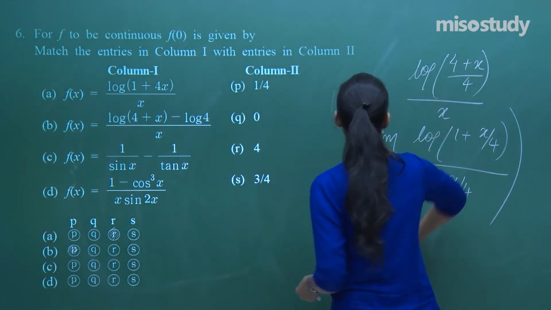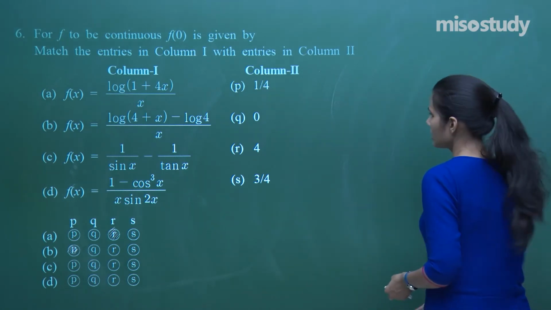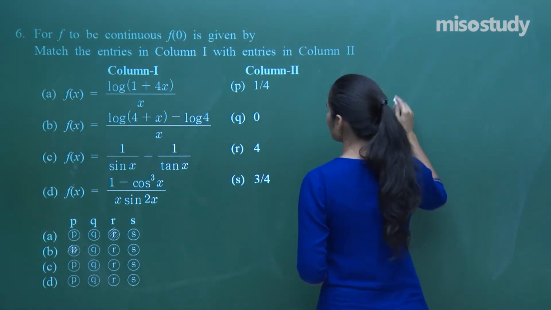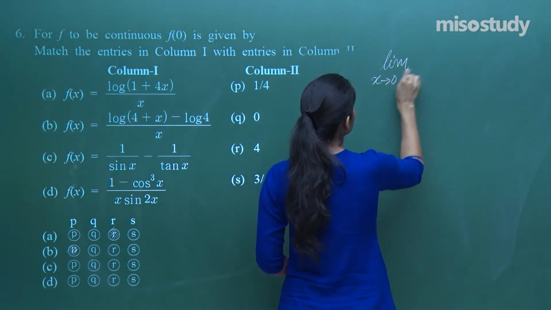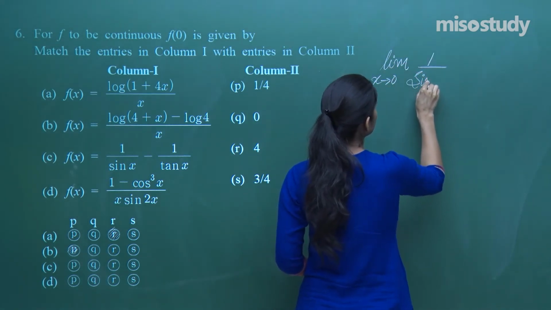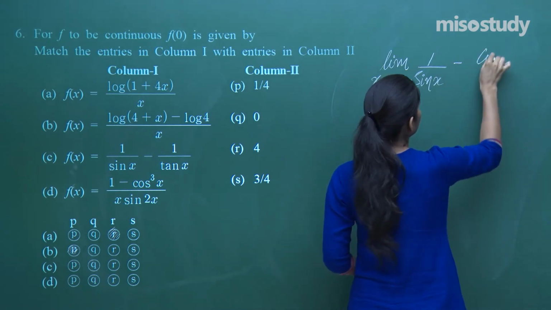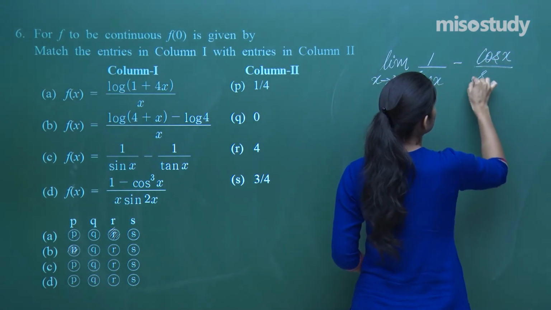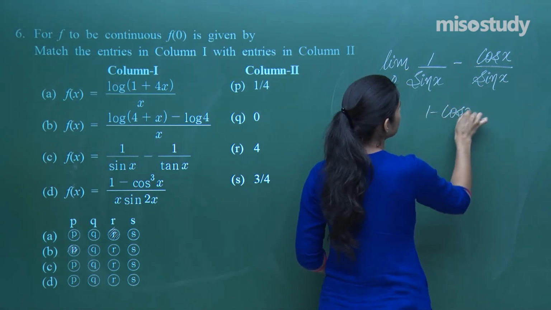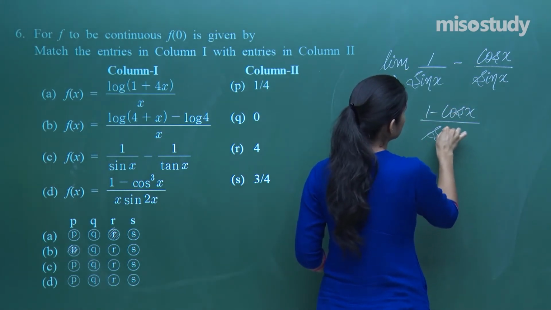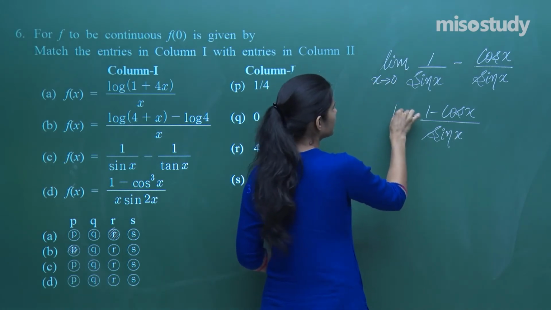We have 1 upon sin x minus 1 upon tan x. So it is nothing but limit x tends to 0 of 1 upon sin x minus 1 upon tan x, that is cos x upon sin x. So you basically have 1 minus cos x whole upon sin x, limit x approaches 0.